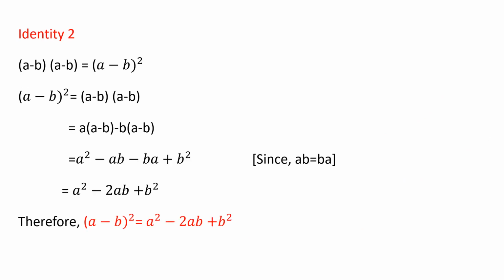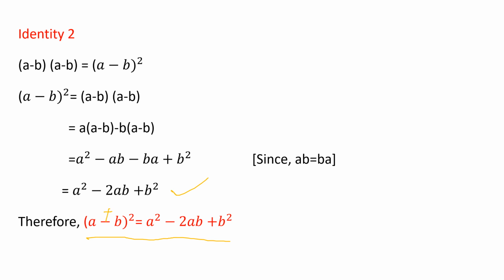Here the second identity is (a minus b) the whole square. If you multiply a minus b and a minus b, you get the answer a square minus 2ab plus b square. So this is the second identity. There we learned plus, here we are using minus. So in the place of 2ab you will get minus 2ab.